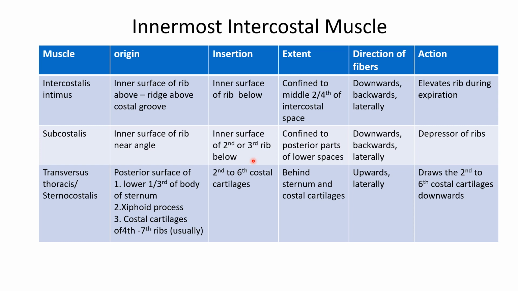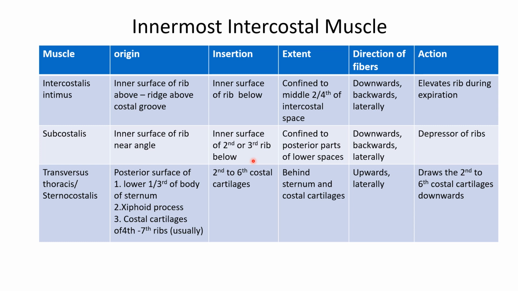Its extent is confined to the posterior parts of lower spaces. The direction of fibers is the same as that of the internal intercostal and intercostalis intimus, but its action differs. It is a depressor of ribs.